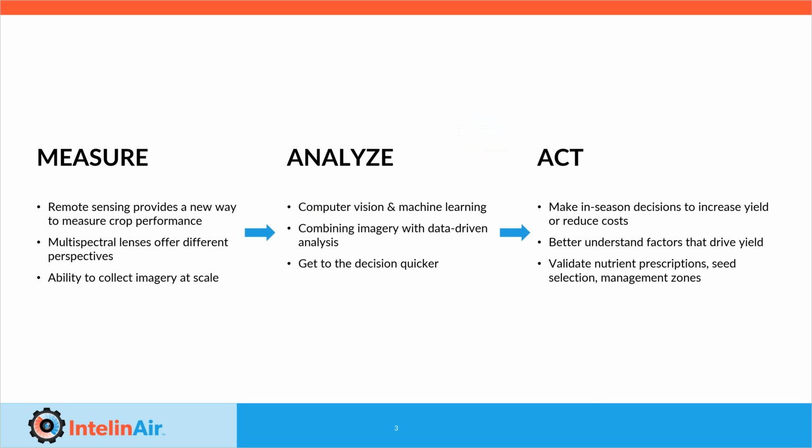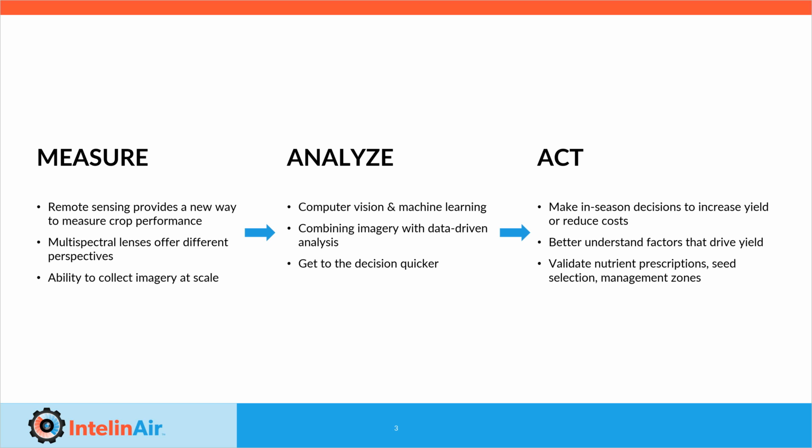Really, there are 3 parts to what we're going to cover today. The first part is measure, the idea of using remote sensing and imagery to measure crop performance. As someone with a background in analytics, I think a big problem in agriculture today is the lack of measurability, especially with respect to crop performance.